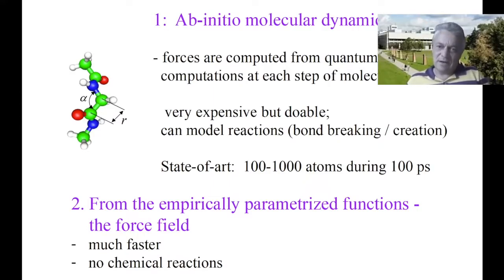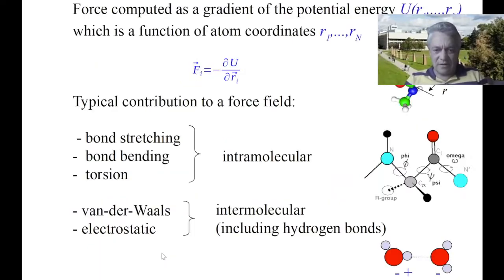It is now doable, but the state of the art here is up to, say, 1,000 atoms, and a time scale of 150 picoseconds. It is certainly not enough to describe biomolecular phenomena. So here we need to use an approximation, which is the force field approximation, that is, functions which describe approximately the quantum mechanical energy. This can do simulation much faster, but excludes description of chemical reactions.